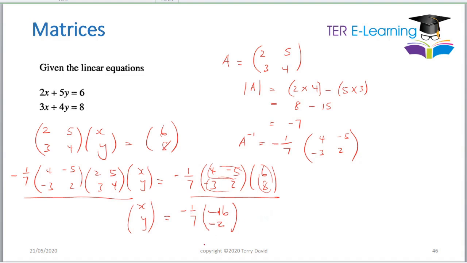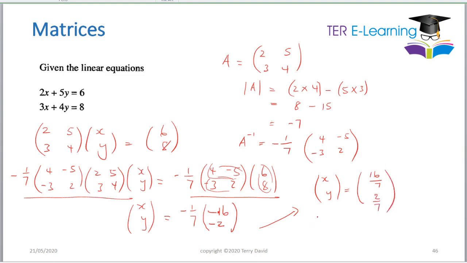But then we still need to multiply by the 1/7. So I'm just going to work it out here. So this is xy. Minus 1/7 by minus 16 will give me 16 over 7. And then minus 1/7 by minus 2 gives me 2 over 7.